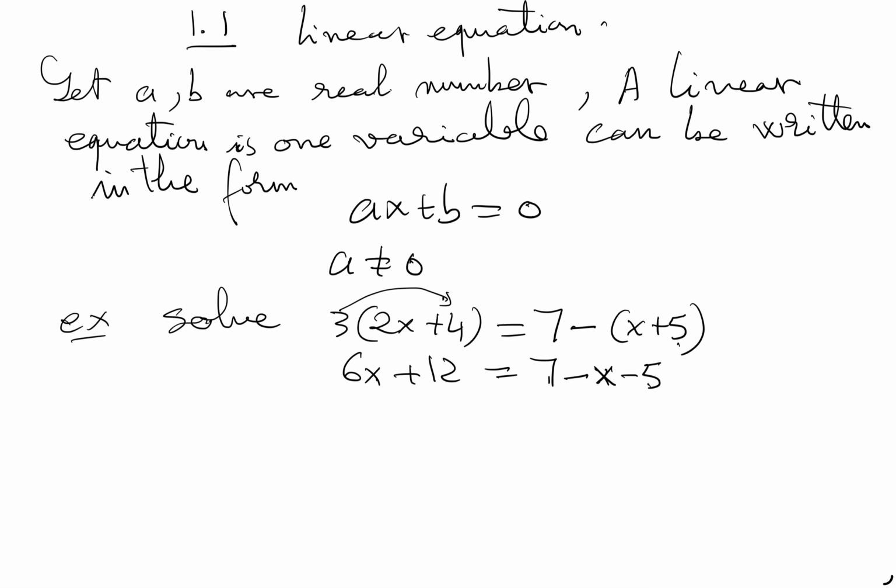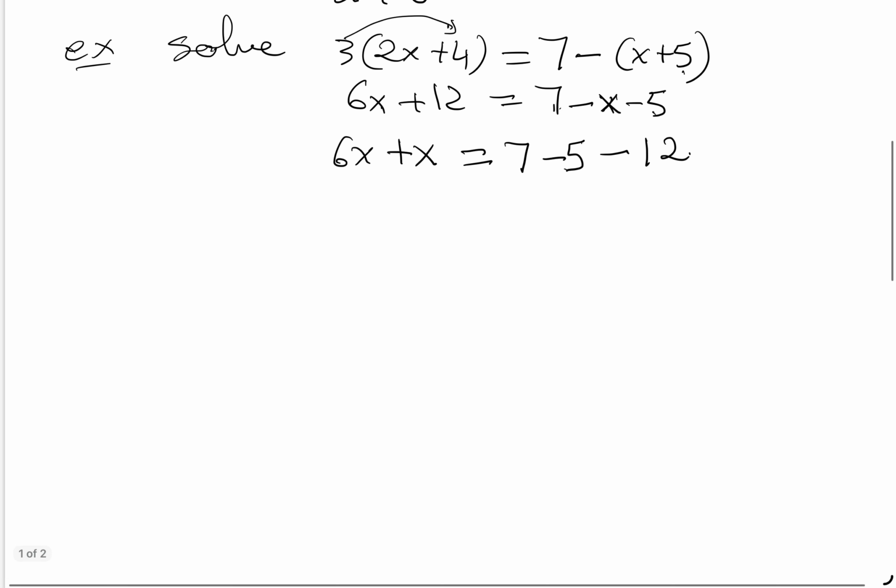Okay. If I move negative x to the left side, I will have 6x plus x is equal to, keep the 7, keep the negative 5, and then I have to move the positive 12 outside, the sign will switch. It will become negative 12.